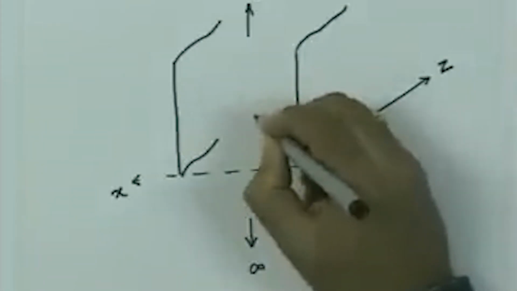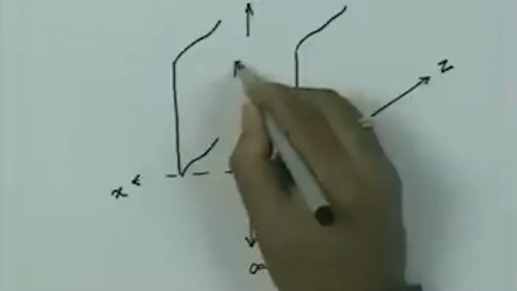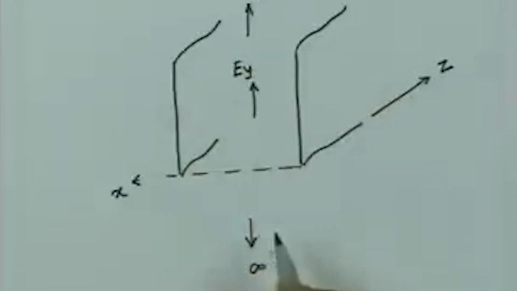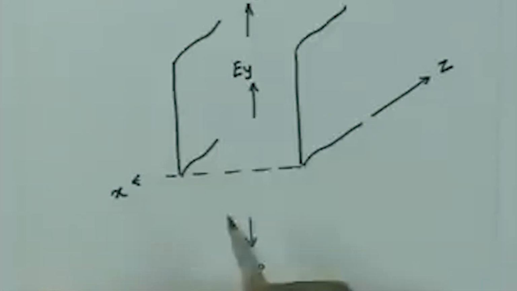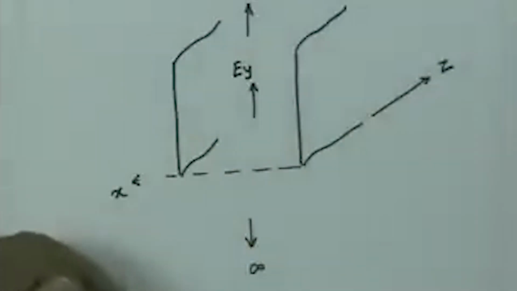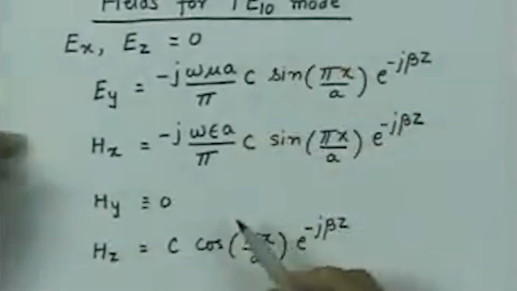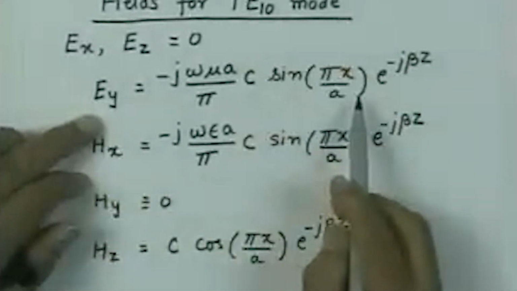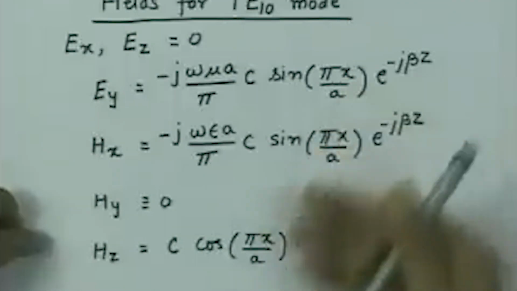And the electric field now is oriented in this direction, which is this way. So, I have a component which is Ey, and I have the magnetic field which is Hx and Hz for the TE10 case. So, if I look at the fields which I had for TE10, I had Ey component, Hx component, and Hz component, and these fields were constant as a function of y.